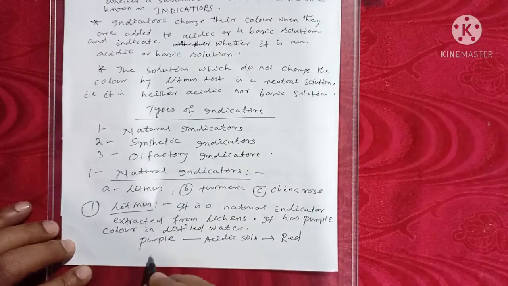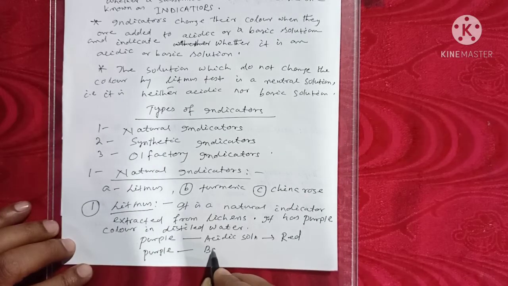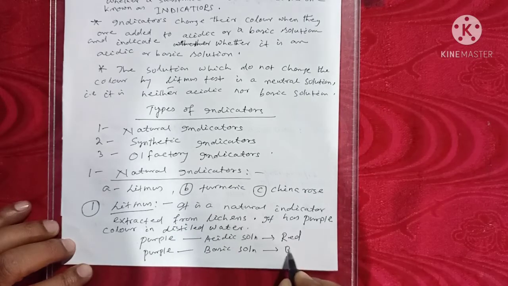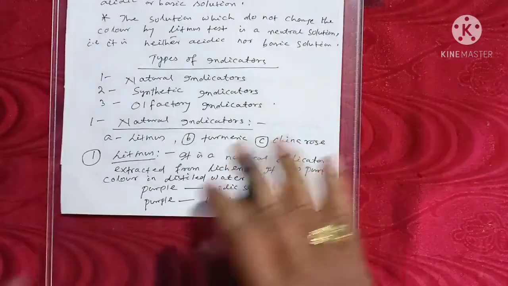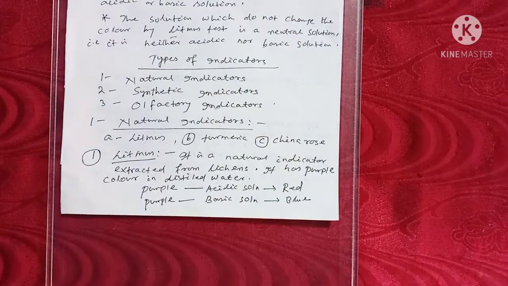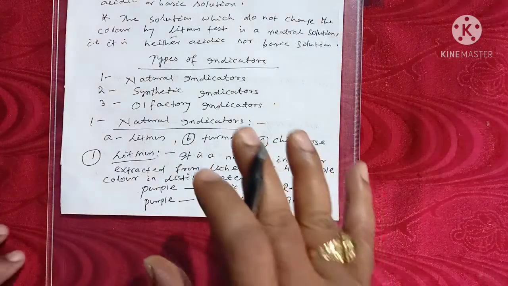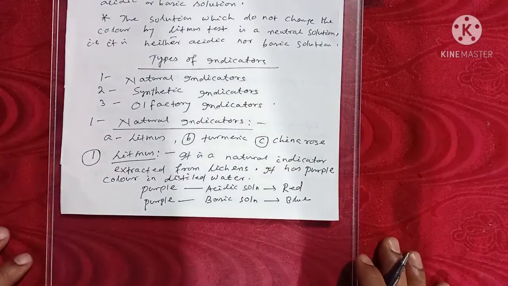And when this purple color is added to basic solution, it will be blue. So indicator litmus may be available in liquid form or, more abundantly, as litmus paper, red litmus paper and blue litmus paper.